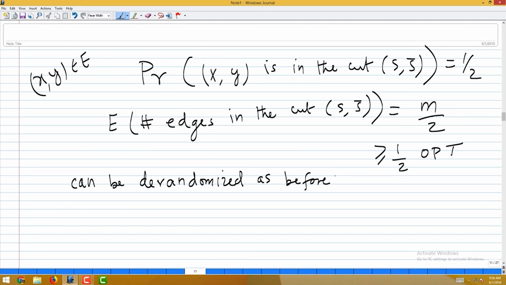So, there must be one partition which gives you at least m by 2, and the way to find it is just put one vertex x in S, and do a random partitioning on the remaining, compute the expectation, put x in S bar, put the remaining, compute the expectation, whichever is larger will help you decide whether you should put x in S or S bar. And repeat this in polynomial time, you will actually get a partition which has a good number of edges crossing the cut. I will leave this as an exercise, but I more or less said how to do this.